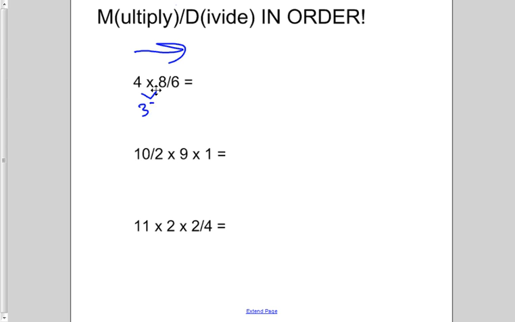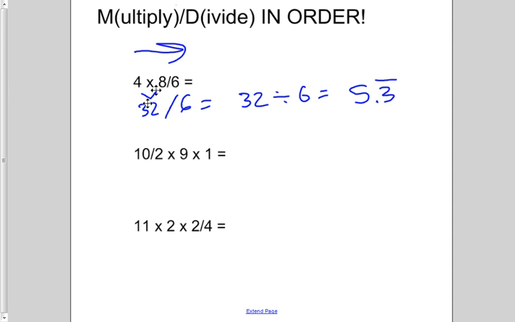Now you're going to do 32 divided by 6. And if we used our calculator to figure that out, then we would actually get something close to 5.3 repeating. Not a very nice answer, but that's all right.